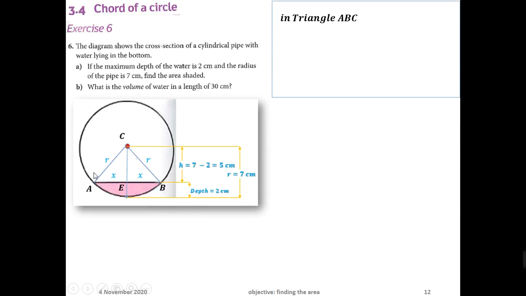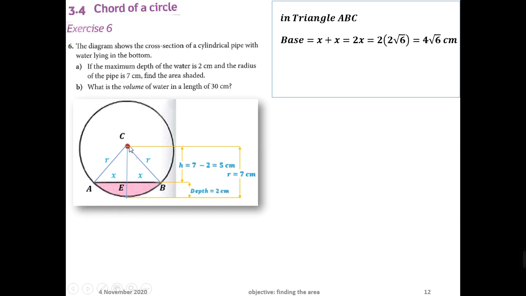So in triangle ABC, in the big triangle, in the isosceles triangle ABC, the base is x, which is AB. The base AB is actually equal to x plus x or 2 times x. So it's going to be 4 square root of 6 centimeter.